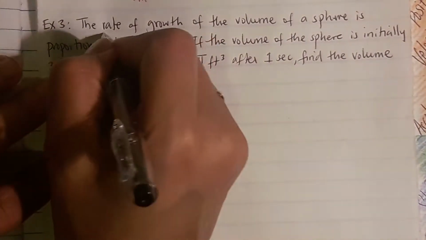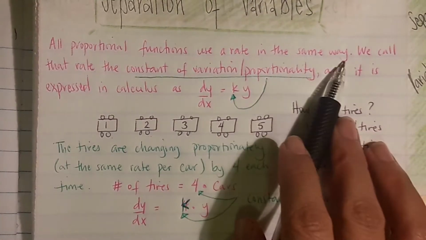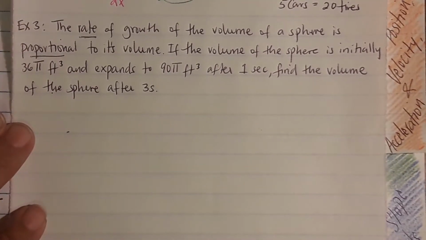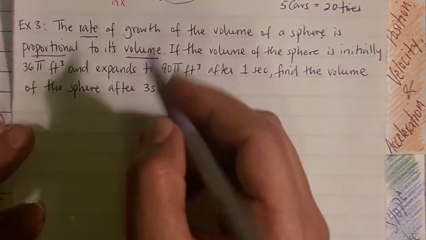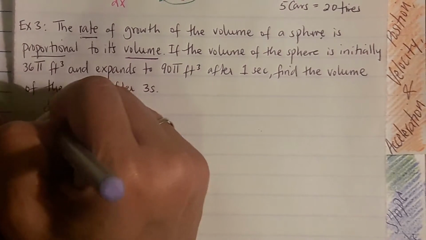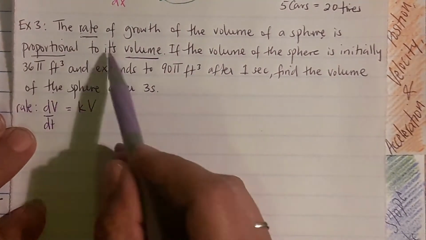So a couple of things. Remember, rate has to deal with dy/dx. It's proportional, so that means we're dealing with dy/dx equals ky, and it's volume that's changing. So dV, the volume is changing with respect to time. So dV/dt, which would be the rate, is equal to k times V, the volume.